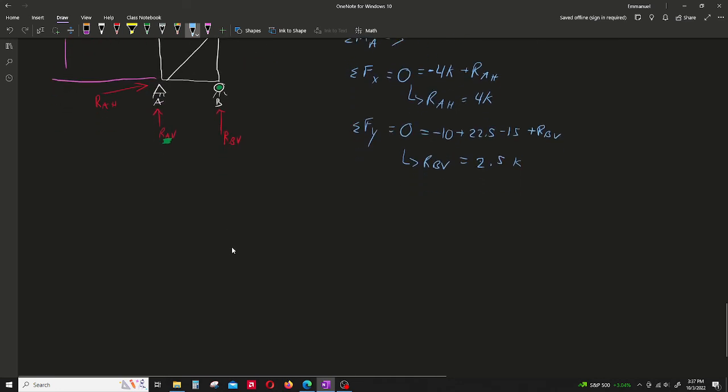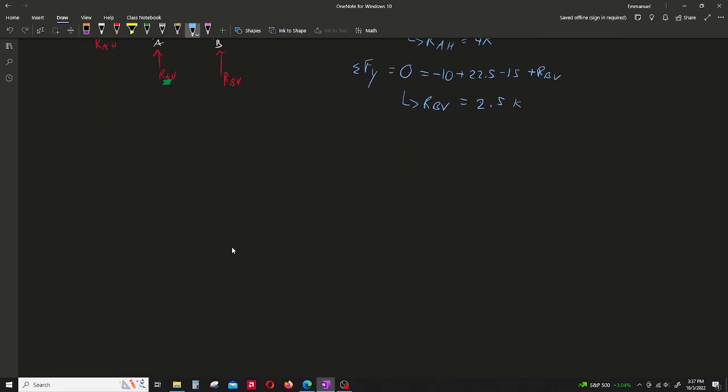All right, and so the last one is going to be number 57. And then we'll wrap this up here, 57. Make sure I get to the right page here. A horizontal beam is pin connected to a wall at one end and braced diagonally at point D as shown.